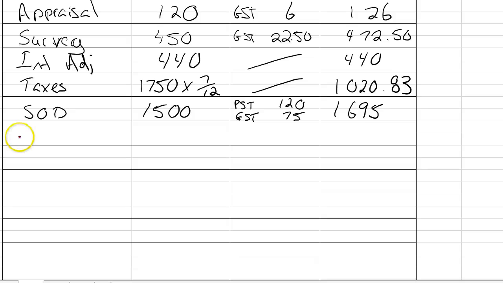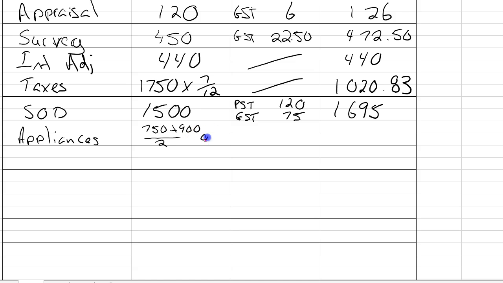After the sod comes the appliances. Now remember, this one was split between both the Baileys and the seller. So we're going to take my $750. We are going to add $900. Then we will divide by 2 because we're responsible for half.